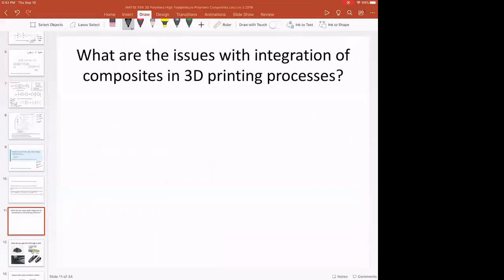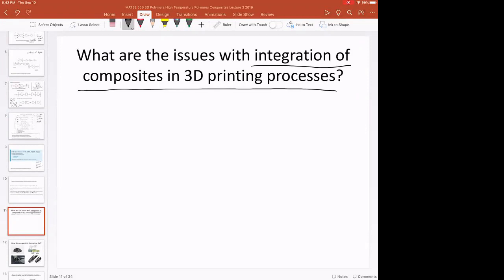And so when we think about integration of composites into a 3D printing process, we've talked a lot about what are some of the issues of putting polymers in 3D printing.